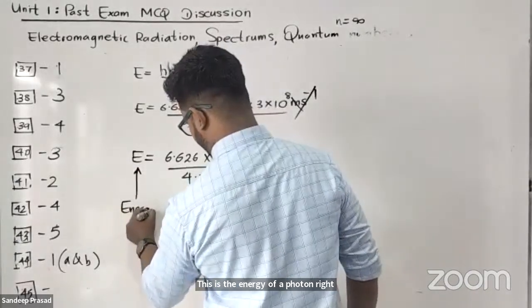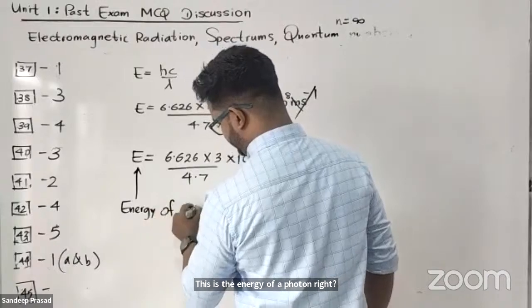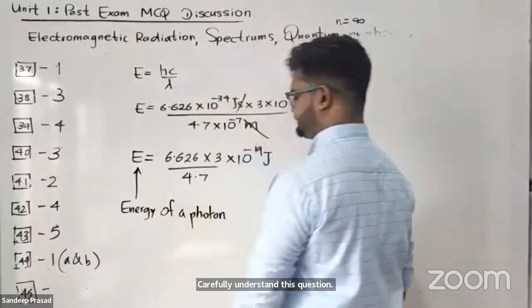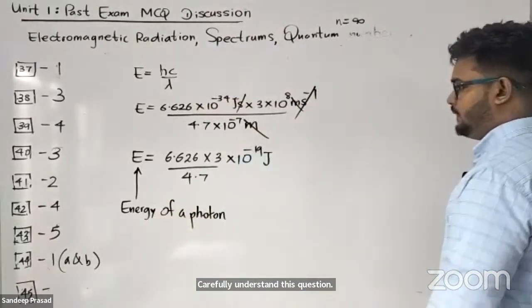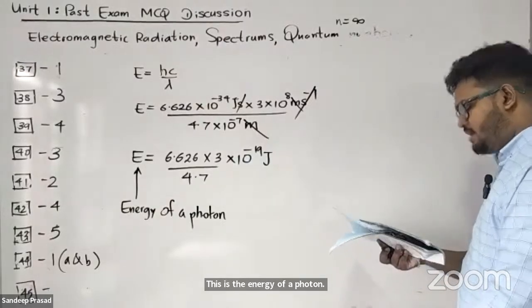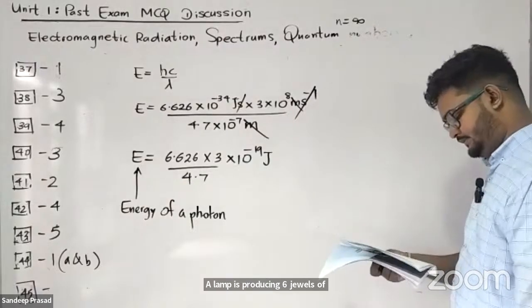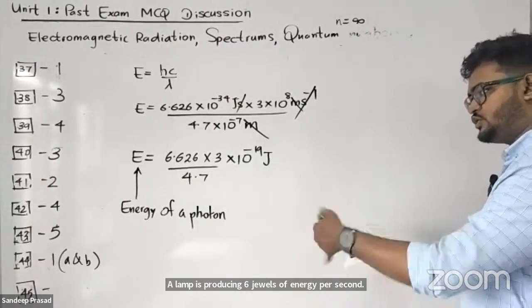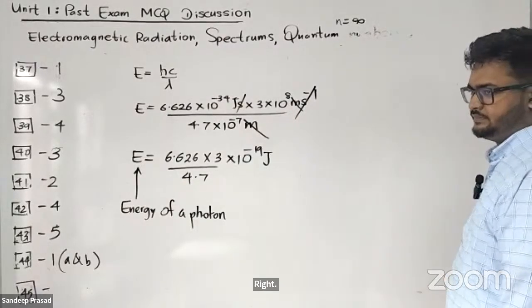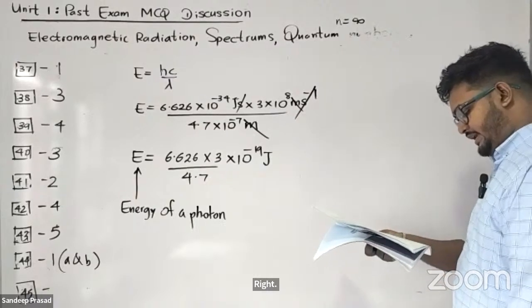Carefully understand this question. This is the energy of a photon. Then they're asking, a lamp is producing 6 joules of energy per second of the visible light.